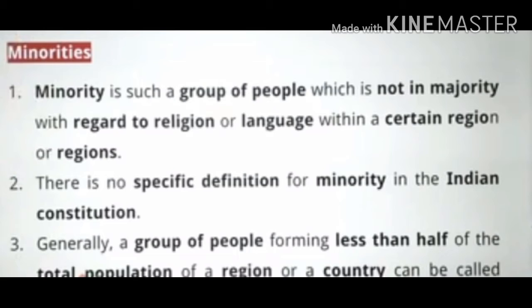It can be regarding religion, language, within a certain region or in particular regions. There is no specific definition for minority in the Indian Constitution. Generally, a group of people forming less than half of the total population of a region or a country can be called a minority.